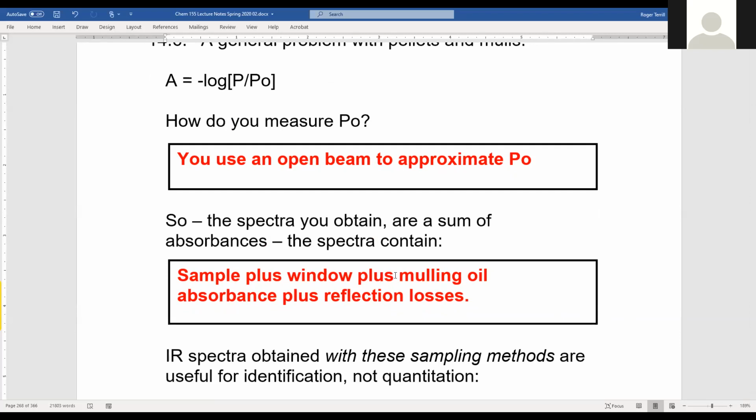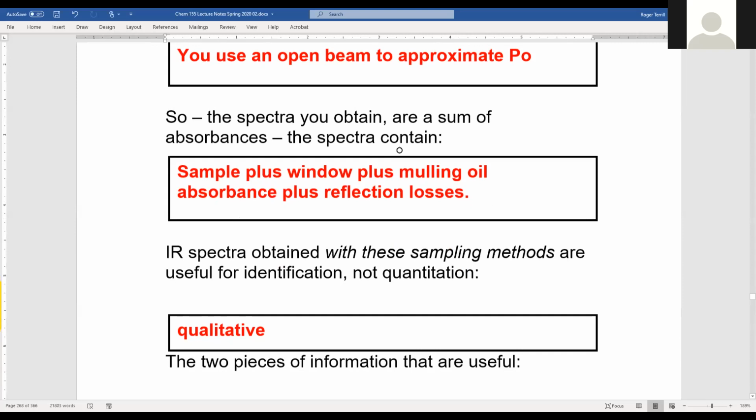But these are all sort of semi-quantitative methods, because there are reflection losses and other things that you can't exactly match using these funky infrared sampling methods. So these are actually qualitative, or if you're good at them, maybe they're semi-quantitative. So we could write semi-quantitative.